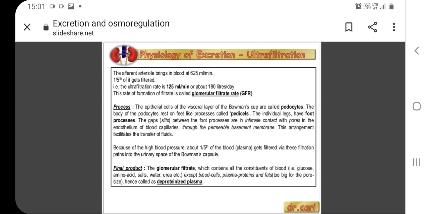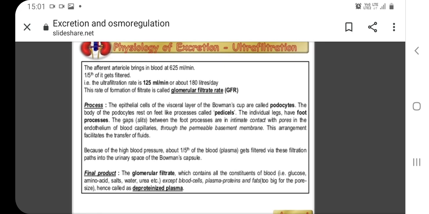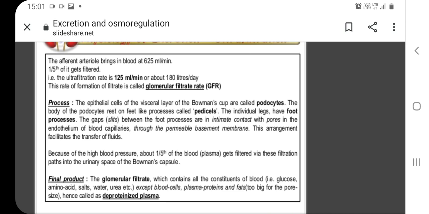The epithelial cells of the visceral layer of Bowman's cup are called the podocytes, as I have already described in the diagram. The body of the podocyte rests on feet-like processes called pedicels.